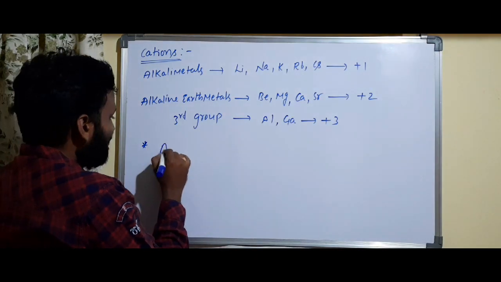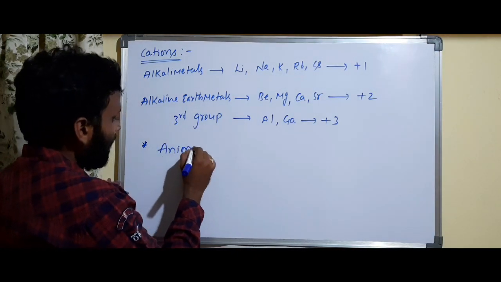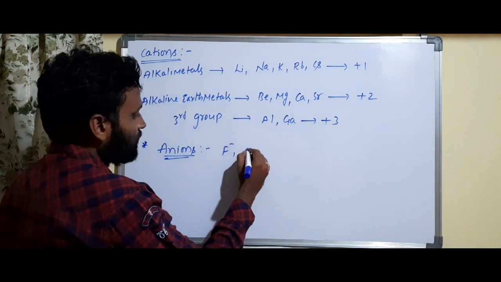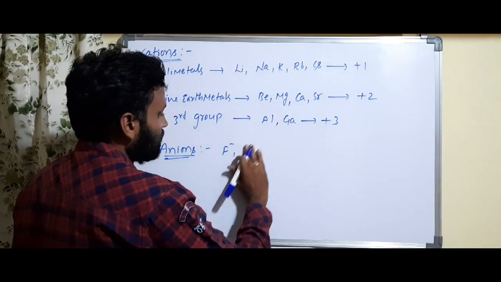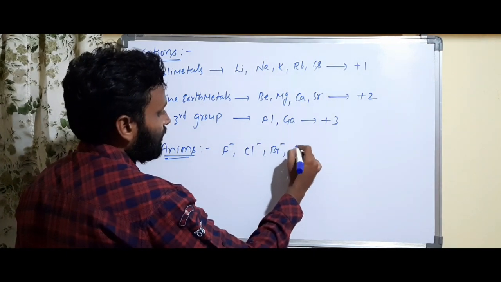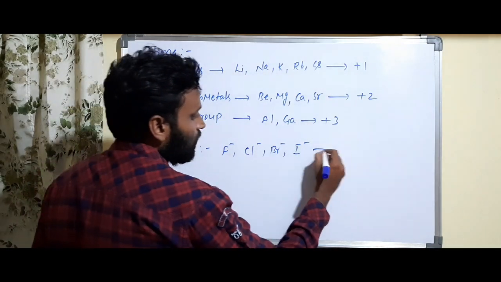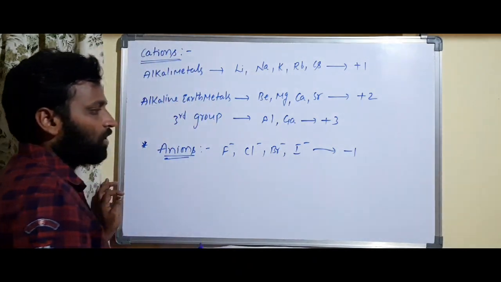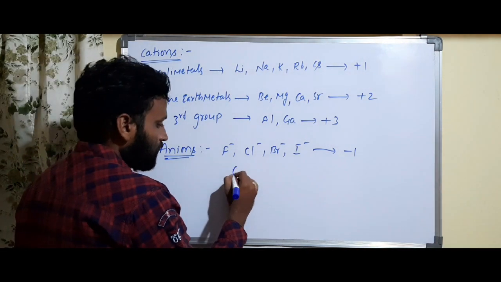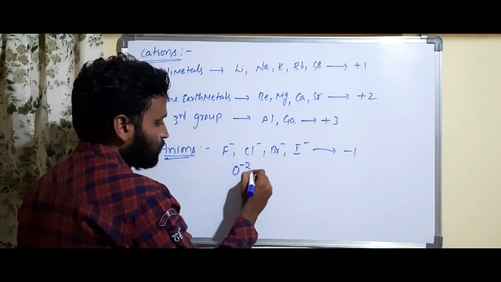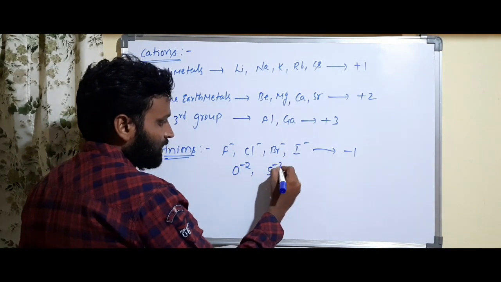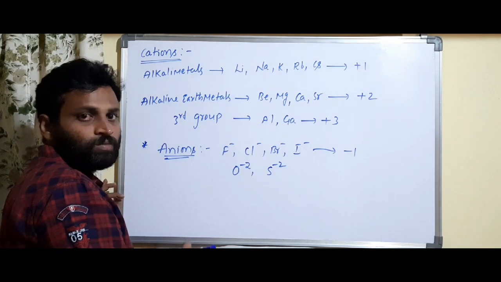Okay, some anions I'll give you now. Some anions like fluoride F-, Cl-, Br-, I-. These all have a -1 charge. We call fluorine, chlorine, bromine, iodine halogens. Oxygen O -2, and single oxygen means -2. Only one single sulfur means -2, like that.